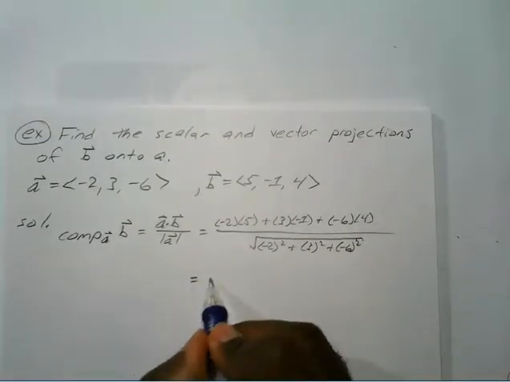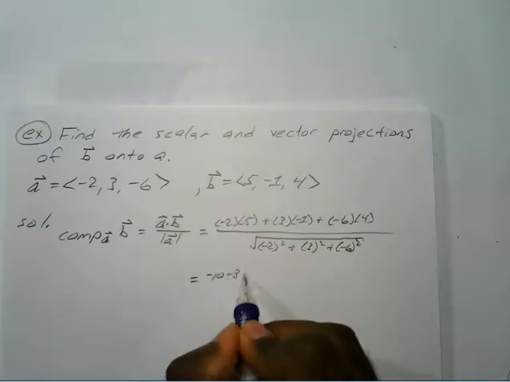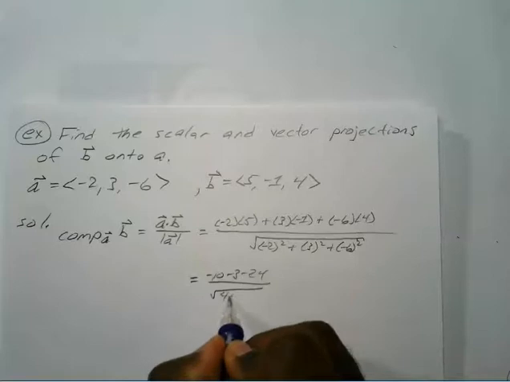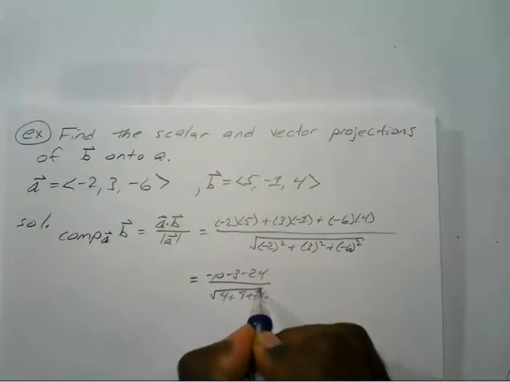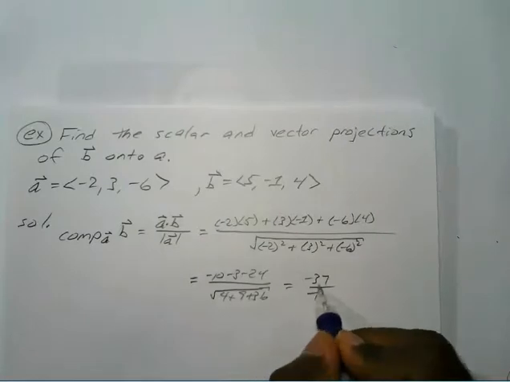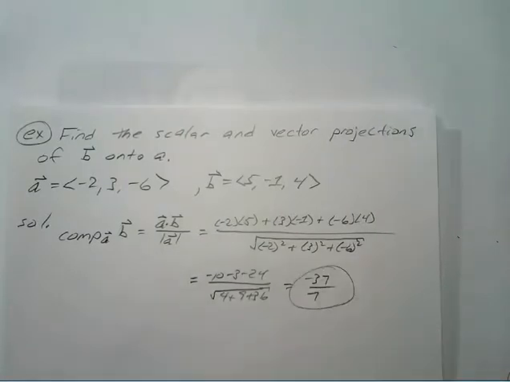So we end up with -10 minus 3 minus 24 over the square root of 4 plus 9 plus 36, which is equal to -37 over 7. Which is our scalar component.